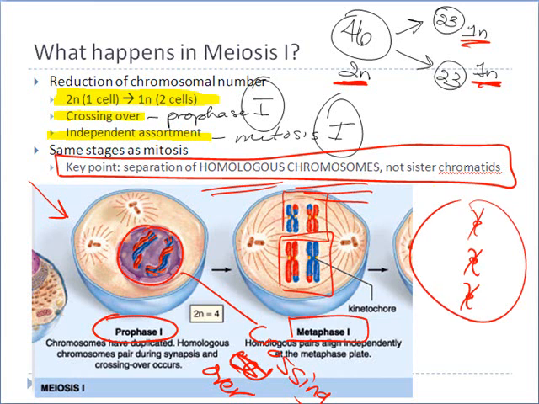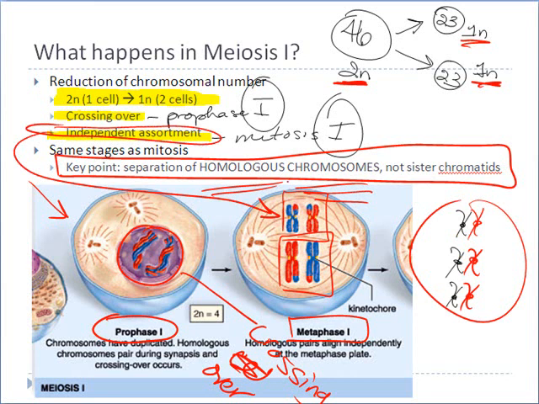Instead, in metaphase I of meiosis I, we get homologous pairs lining up along the metaphase plate. Big difference there. And that is where we get our second major important event occurring, which is that independent assortment, where the chromosome from grandpa may be on one side and the chromosome from grandma on the other, or the reverse could be true. This helps to mix up the genetic components.